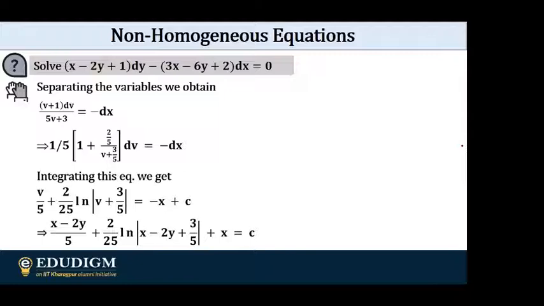In one case, we are reducing it to a homogeneous equation. In this one, we have reduced it to a variable separable form. So this is very important. Though the structures look very similar, make sure we understand how they are different from each other and what we are actually trying to do.